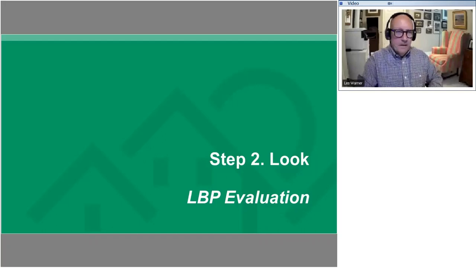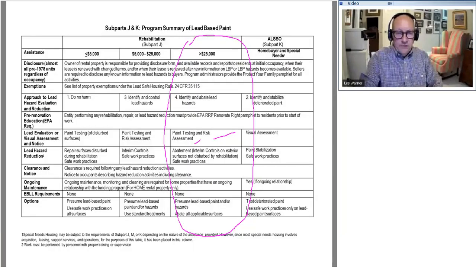All right. So now we're going to be talking about the evaluation process. So we're kind of in this summary chart that we've been looking at. And let me see if I can clear that. There we go.